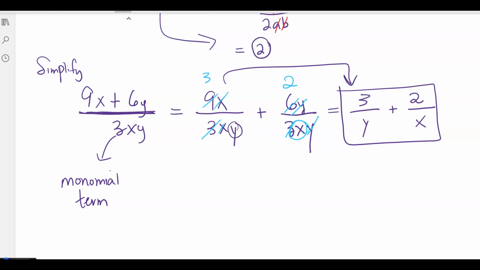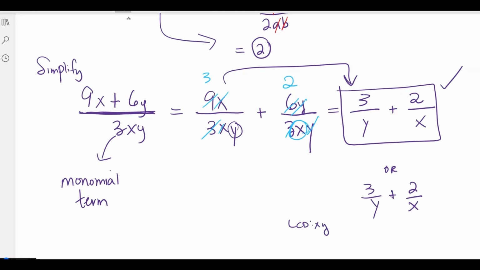There's nothing else you can do. I mean, you could try to bring this back together. I don't think it's necessary. This is good. This is one answer, but this answer is also equivalent to, if I rewrote this answer, let's say if I wanted to put this together as 1, then our LCD would be xy.